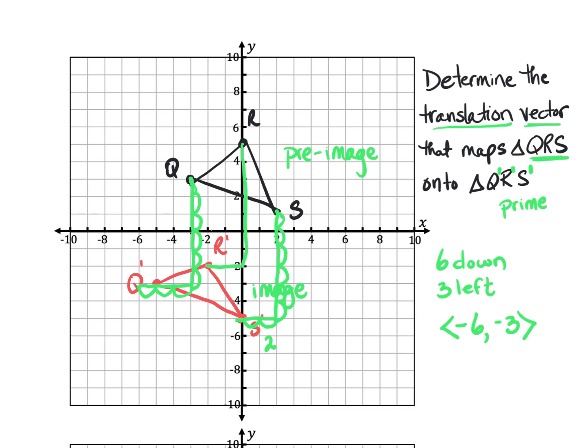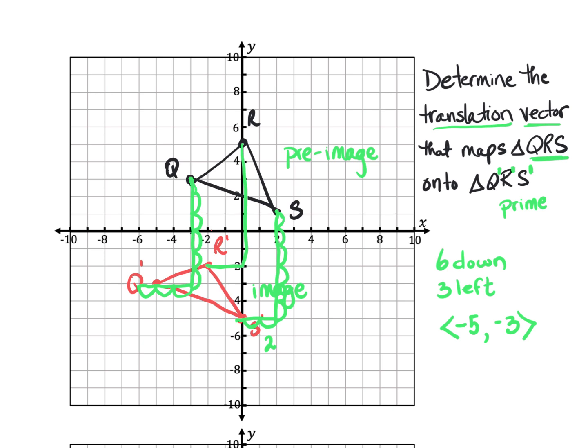So I apologize for the mistake. So this should be -5, -3. And that would be my translation vector.